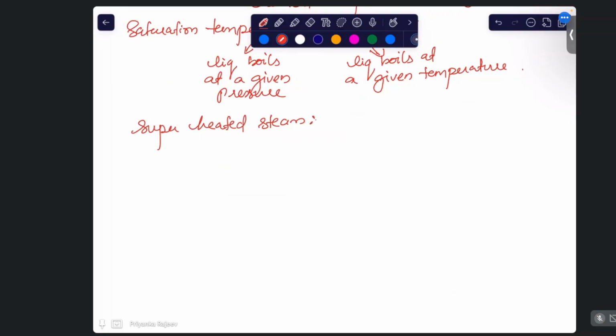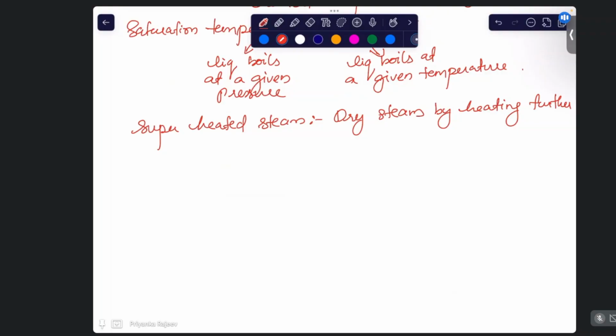Superheated steam means dry steam heated further.